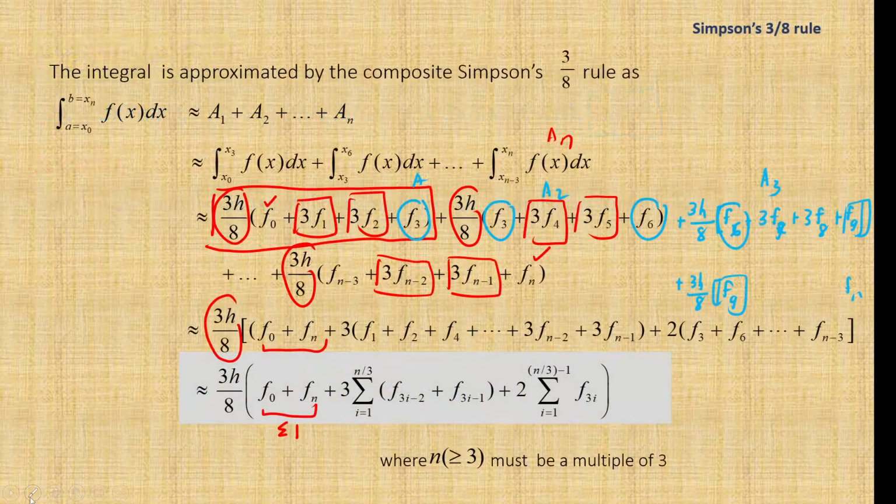Troublesome, cannot write. Okay, this one for Simpson 3/8 still has 3 columns. Doctor, can you share screen? Yes, can you share screen? Oh, I share screen. Doctor forgot to share screen.